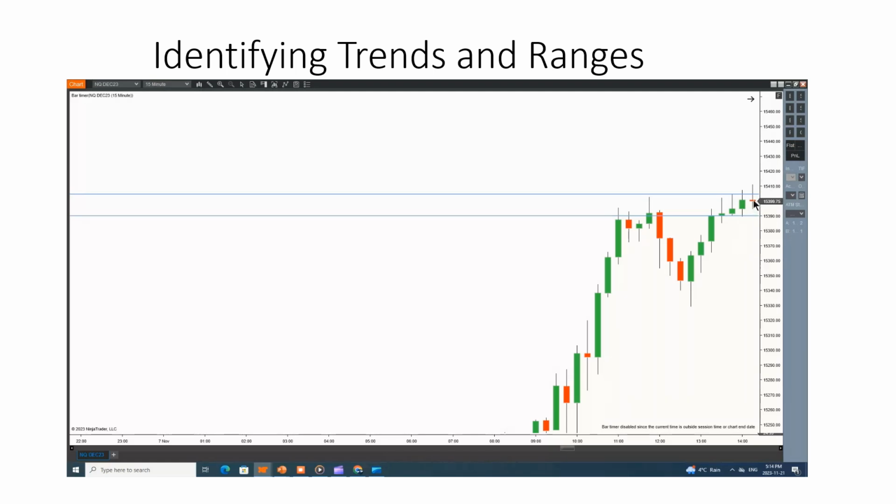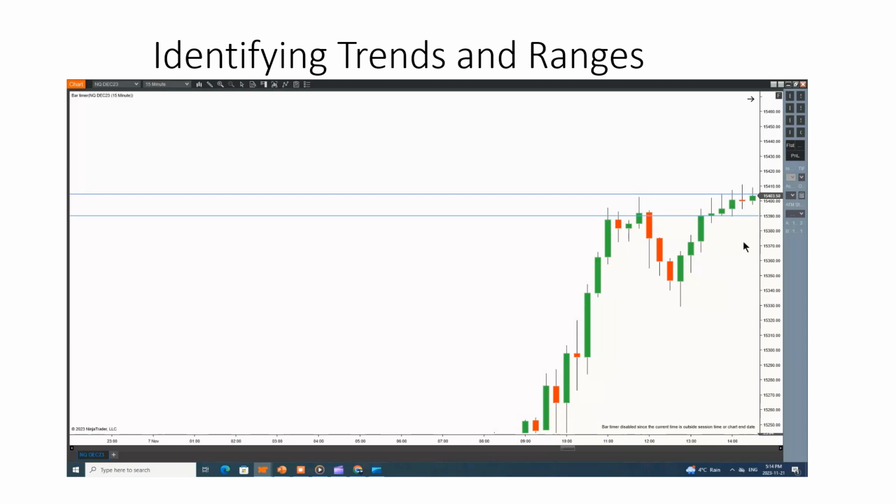But as this is a red bar, and we saw the close of this candle and this candle are within the high and the low of this candle, the market is in a range. The market is still in a range. It has to break this high and the low in order for it to come into a trend.